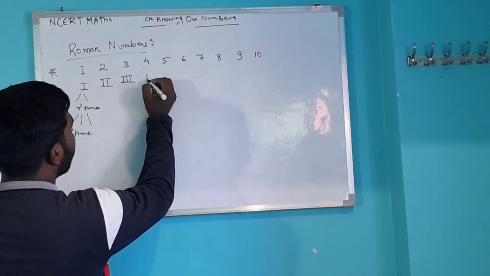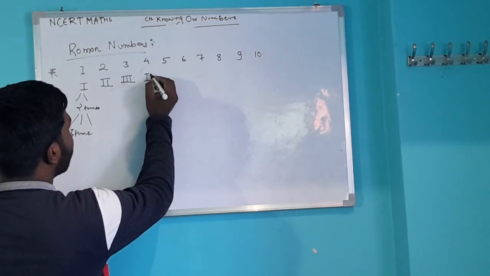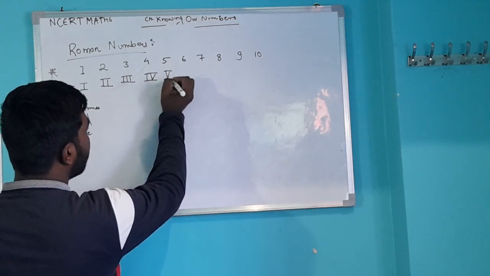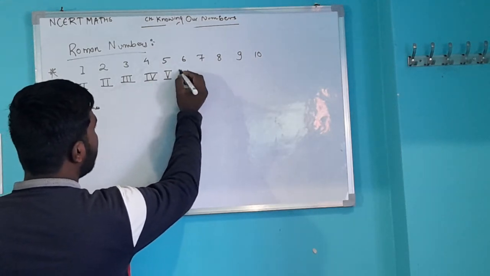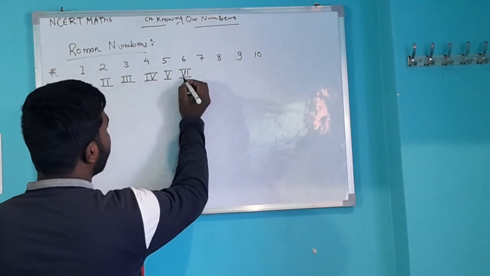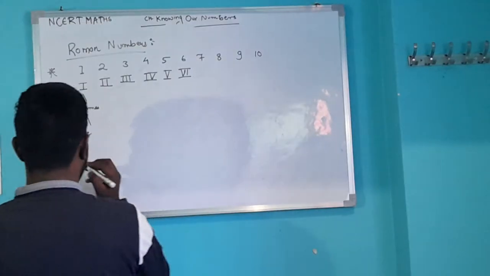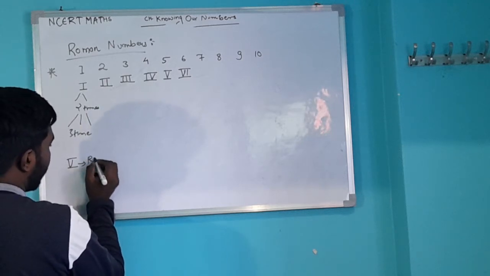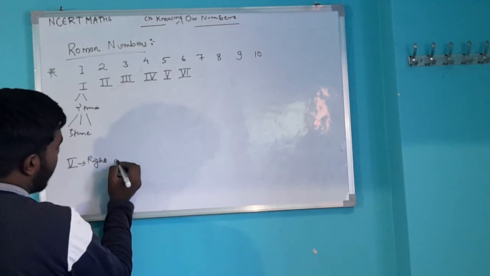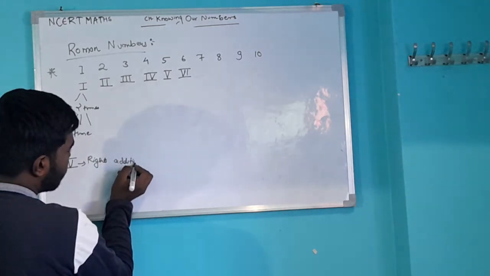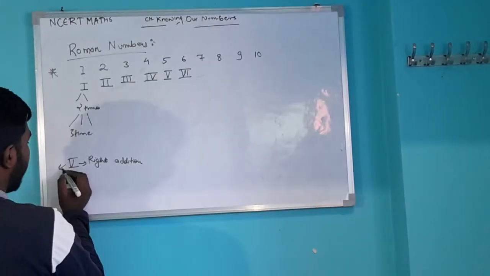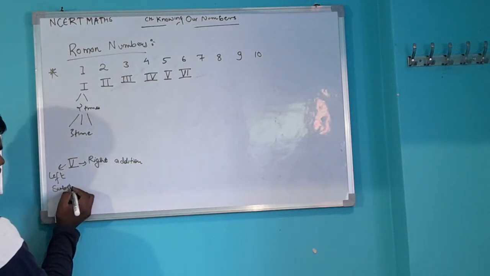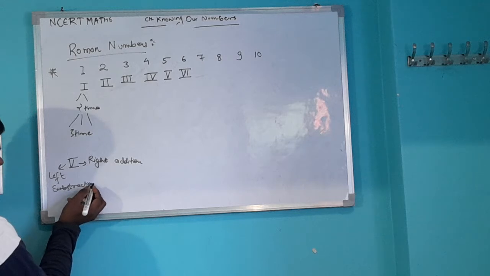For 4 we have 1, but we subtract it from 5, and this is the 5 symbol. This is the 6 symbol. On the right side of 5, addition occurs. On the left side, subtraction occurs.